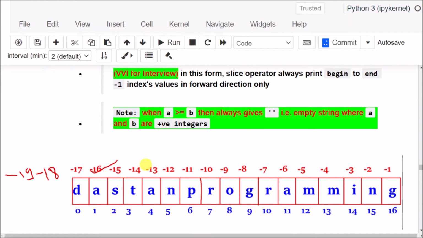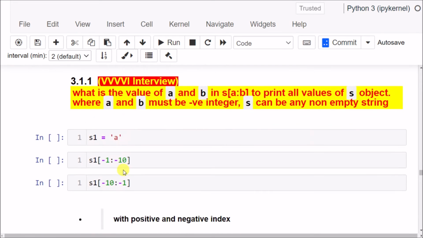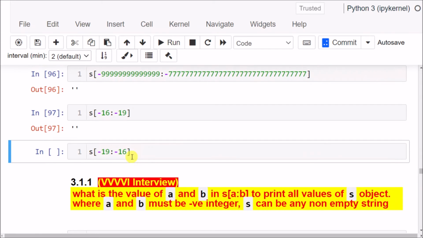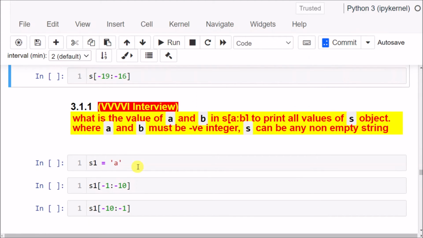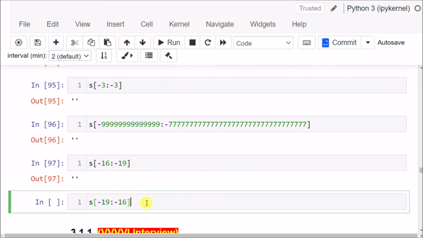Okay, so we have to go in the forward direction, that is from left to right. So whenever I go till the end, minus 19 will not come. Okay, that's why it returns the empty string. Understood the point? Okay, that's why it returns the empty string.